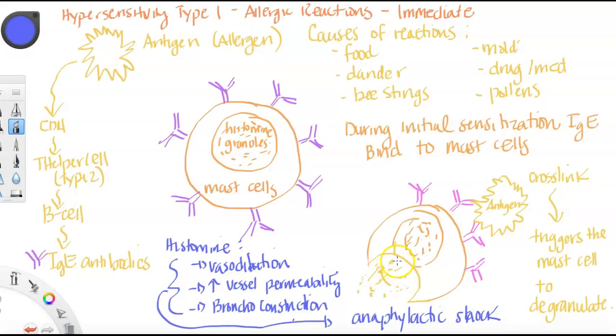Steroids decrease the inflammation, okay, so you can do that. And epinephrine, when we're going into anaphylactic shock, an epinephrine shot is really going to be the most valuable, because that's going to cause mass constriction of the blood vessels. So that is hypersensitivity type 1.